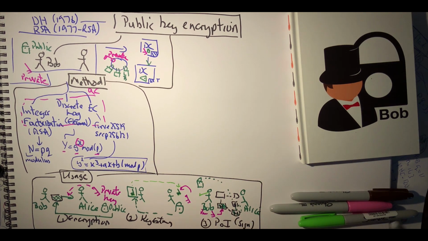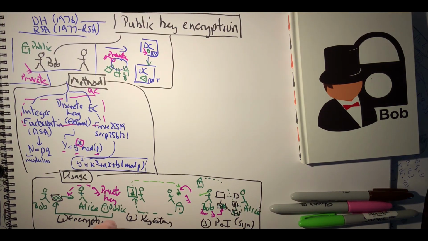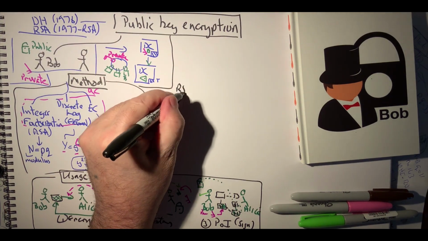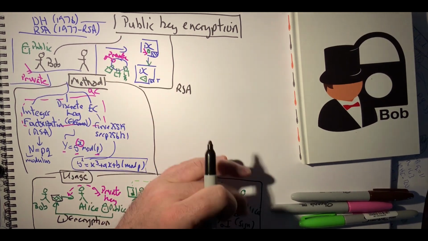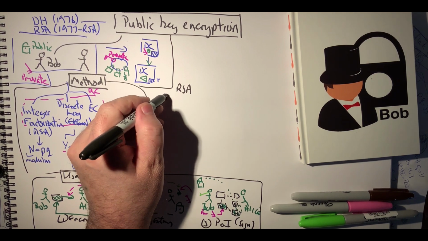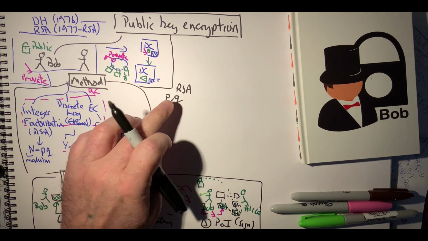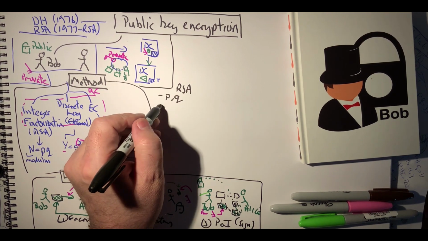Now let's look at the methods that we use. And the first method is good old RSA. With RSA, what we do is that we start off with two prime numbers, P and Q, and we create a modulus from that.